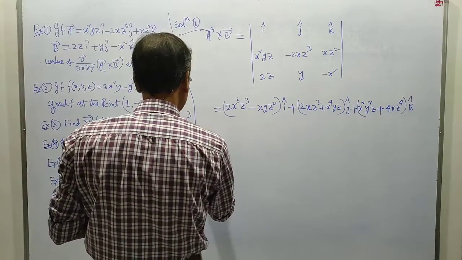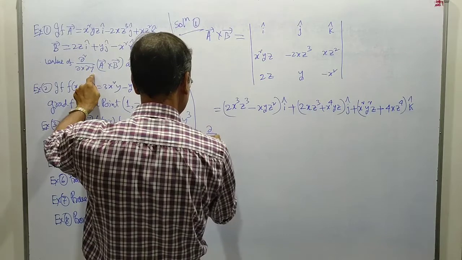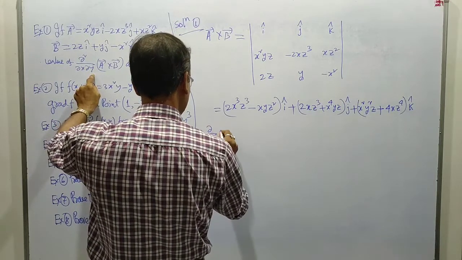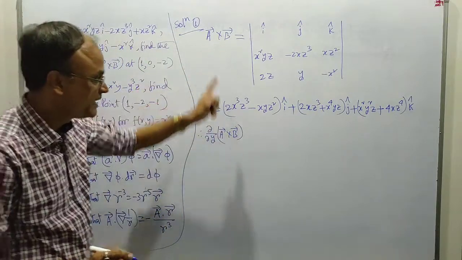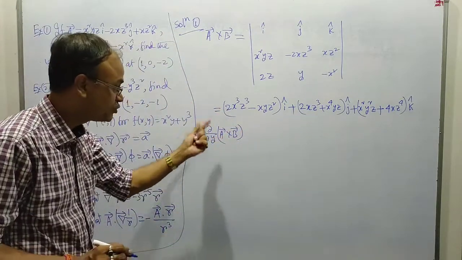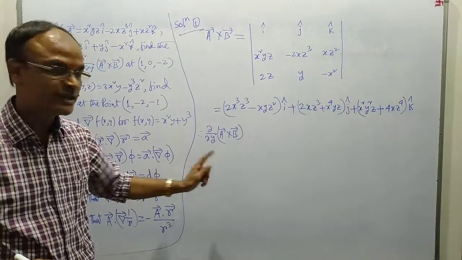Now, therefore, first differentiating with respect to y. Differentiate A cross B equal to this with respect to y.